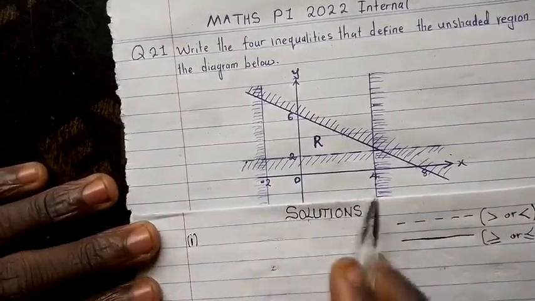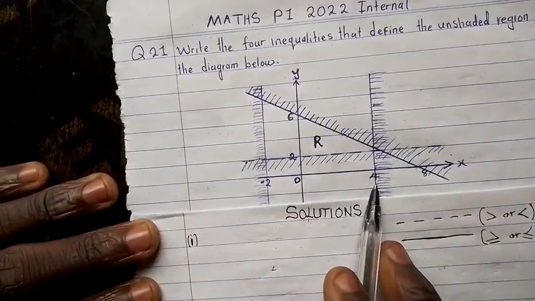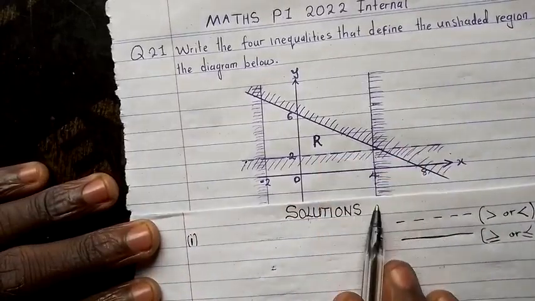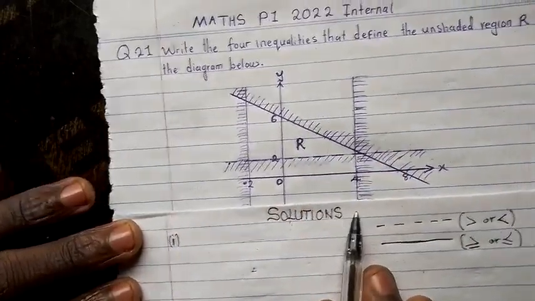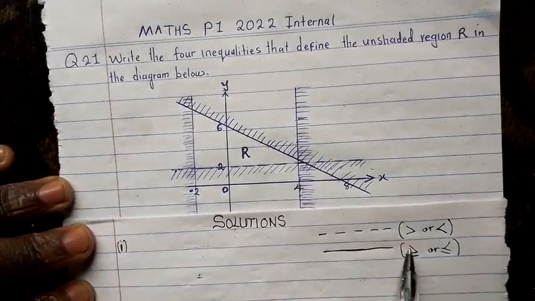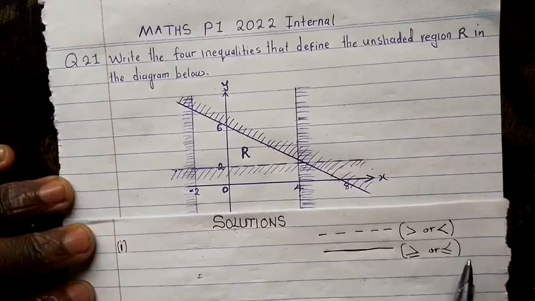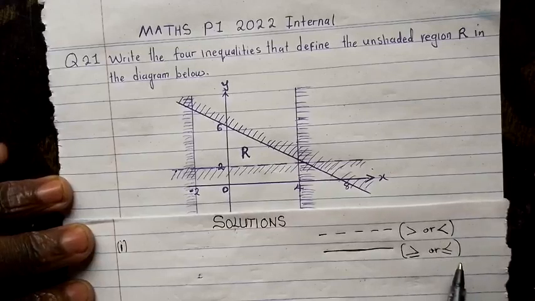Let me start with this one here. As you can see, this is a solid line. Since this one is a solid line, I'm supposed to use greater than or equal to, or less than or equal to, depending on the part which is not shaded.